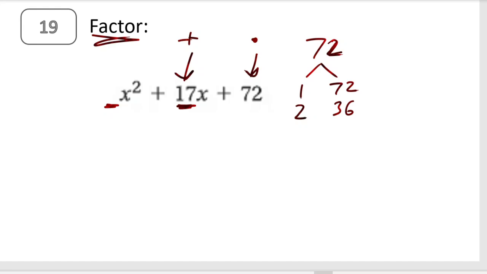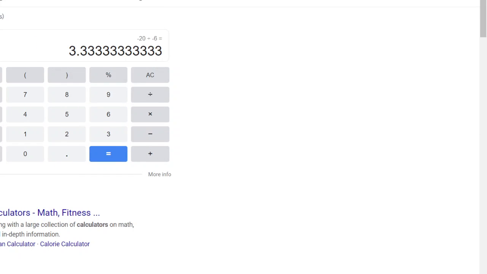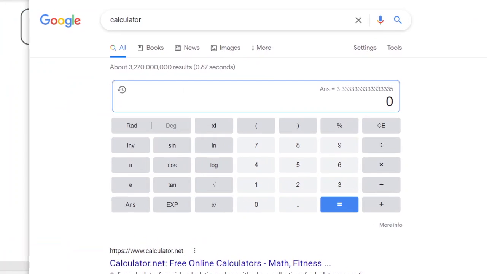Let's try 3. And just by looking at it, if there's a 36 in there, I know 36 is divisible by 3, so I know this is going to work. I don't know exactly what it's going to give, so I guess this is where I'll grab my calculator. 72 divided by 3. Okay, 72 divided by 3 is 24.